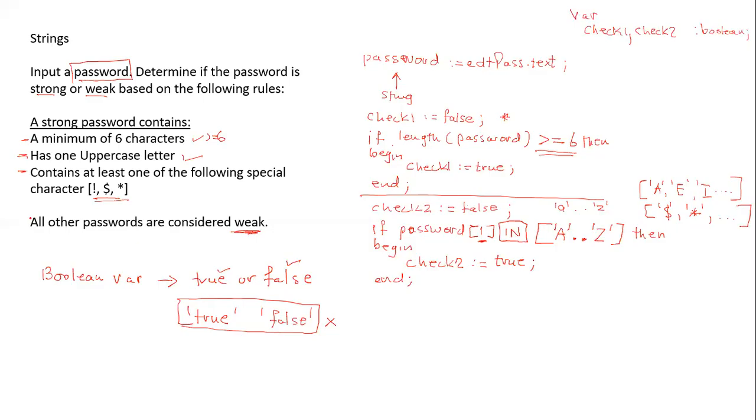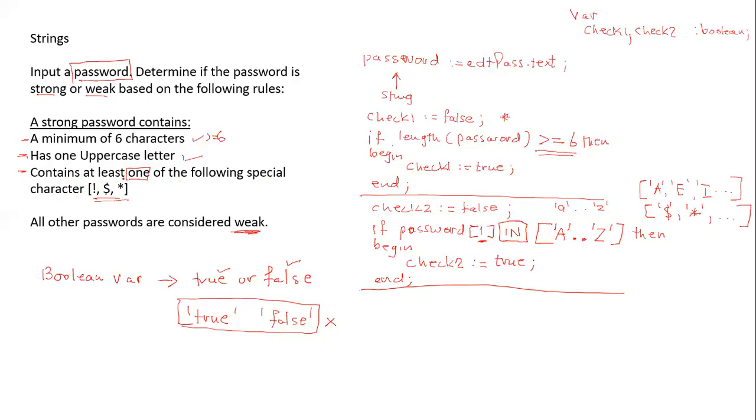Let's look at the third part, which is a little more challenging. It's not a straightforward check as the previous two. We want the password to contain at least one of the following special characters.